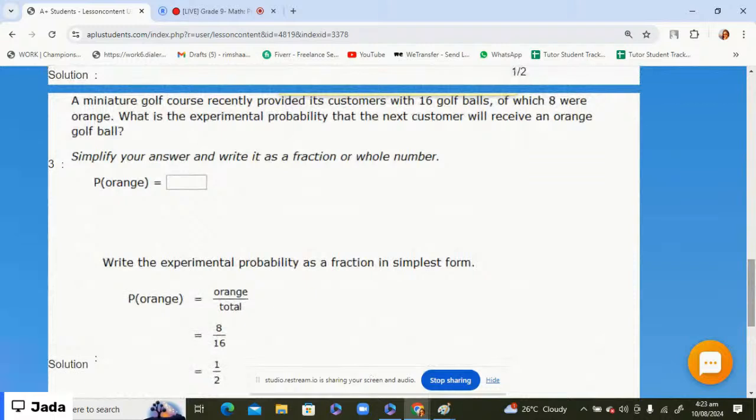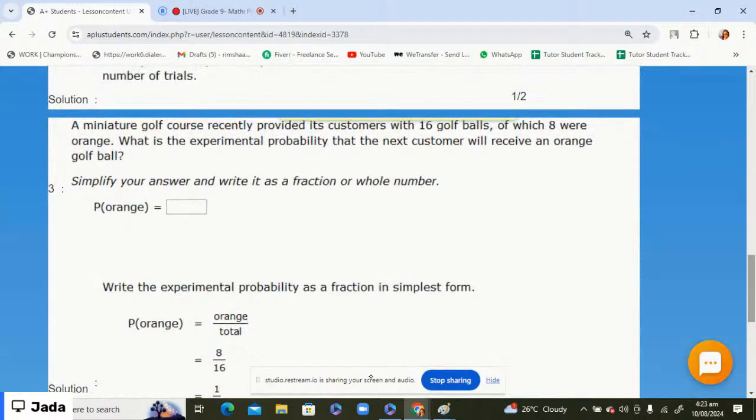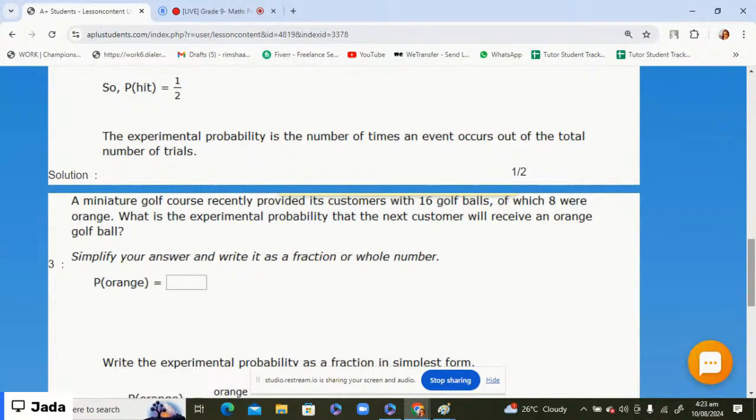Okay, look at this question. A miniature golf course recently provided its customers with 16 golf balls, of which 8 were orange.